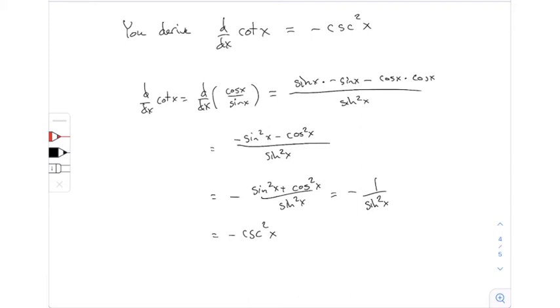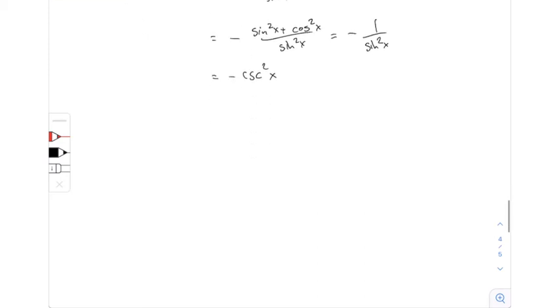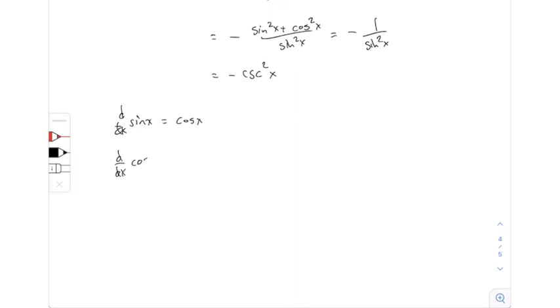So in this same way, you can get formulas for any of those other trig functions. I don't want to go through all of them, but you should have these in your notes somewhere. So I'm going to write down the whole list. The derivative of sine is cosine. The derivative of cosine is negative sine. The derivative of tan x is secant squared x.